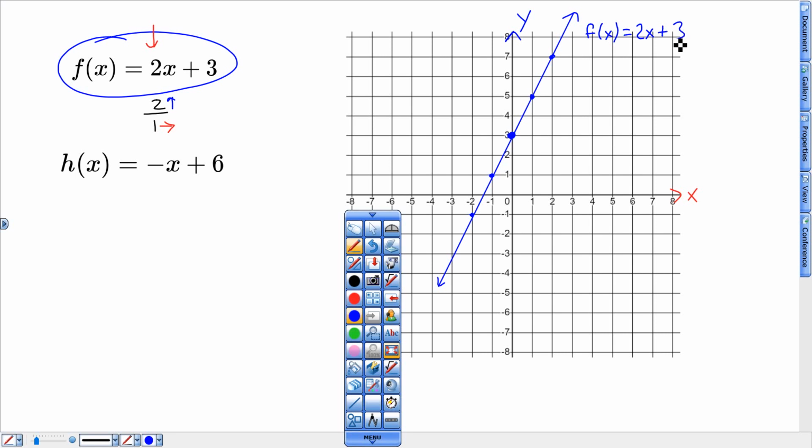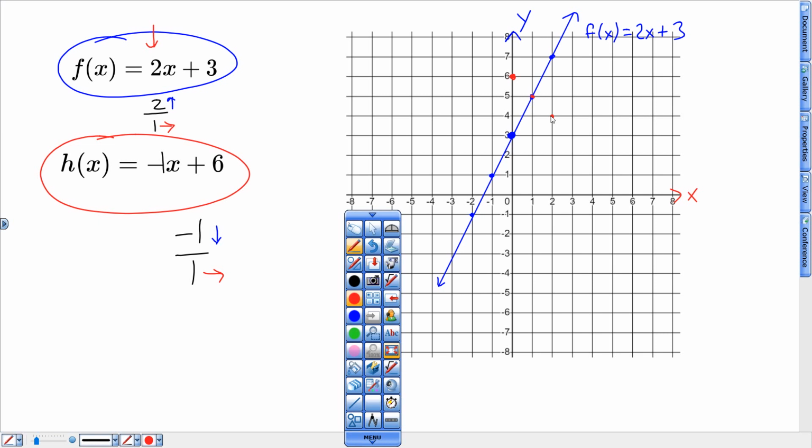All right, now graph this second one, starting at 6 on the y-axis. So here's 6. And then looking at this one's rate of change, which is that mysterious -1 right there, that could be written as a fraction. Put it over 1, tells you every time you go over 1, down 1, right 1, down 1, right 1, down 1, right 1, down 1.